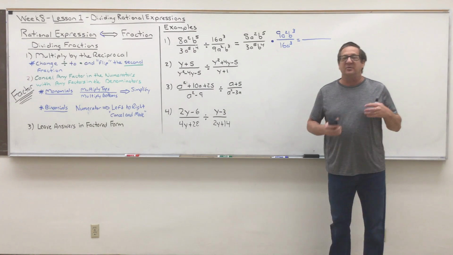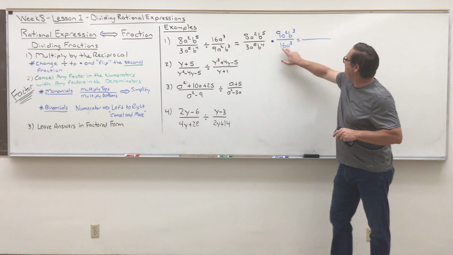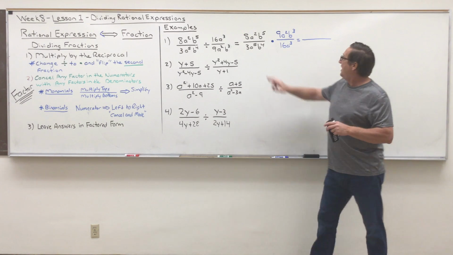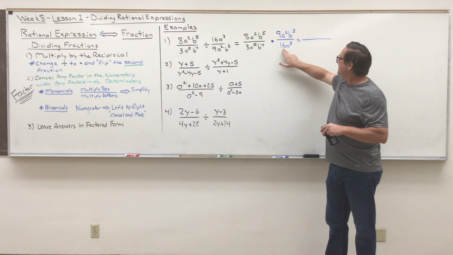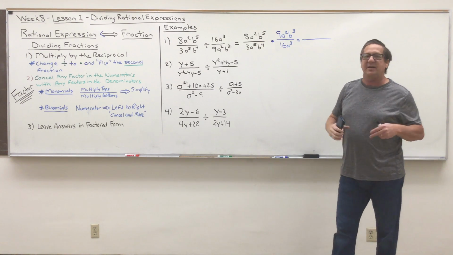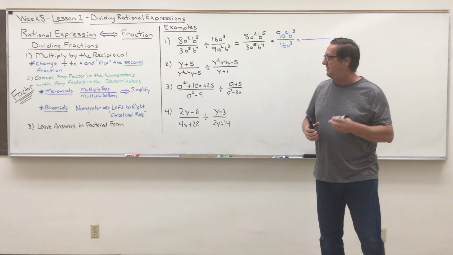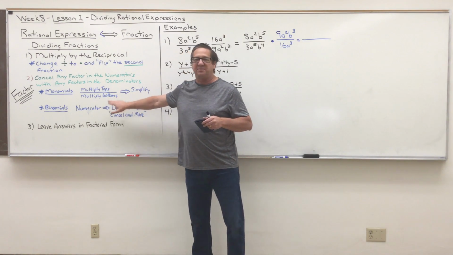Now I'm sure next year when you do this problem again, a lot of your teachers will say you can cancel the 8 and the 16, the 3 and the 9, and you can. I could say that 8 goes into 8 once, 8 goes into 16 twice, and make this problem really manageable. But for anyone who has trouble or gets confused, notice what it says: multiply tops, multiply bottoms.